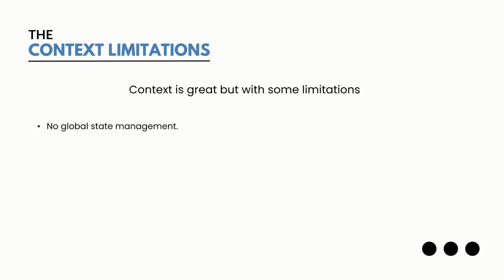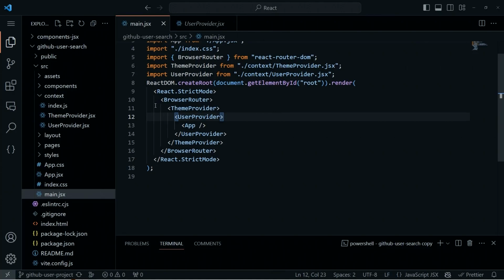So what are the limitations with the context? The context API is great, but we have some limitations. We don't have any global state management. If we again move on to this application, here you can see first we have the context of the theme provider, then we have the users provider, and then we are wrapping the app.